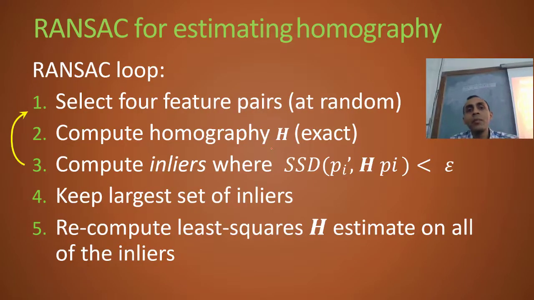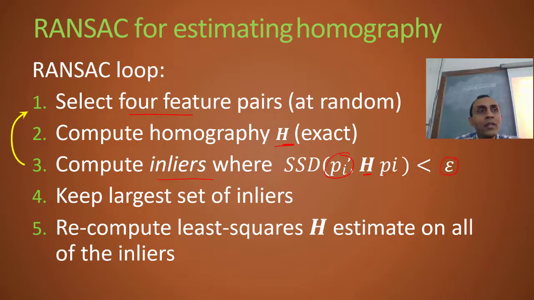So for our image alignment or homography, we will select 4 feature points, compute the transformation matrix, and find the inliers. How will we find the inliers in this case? We will use our transformation matrix on a given point, apply that, get the transformed point, and try to find whether the patches around the matched point and the original point match within a certain threshold error.